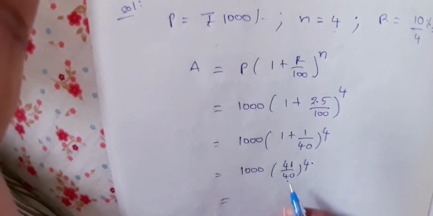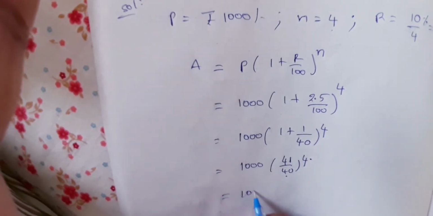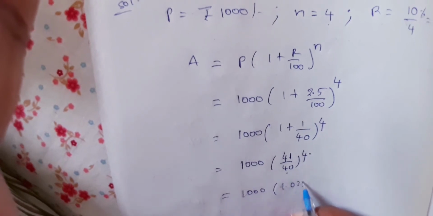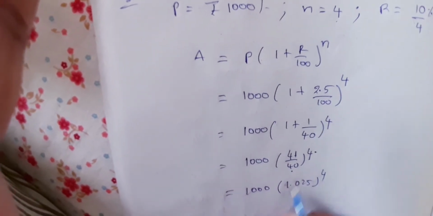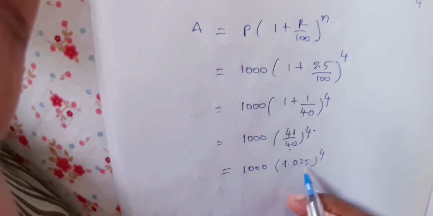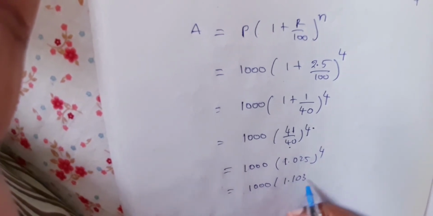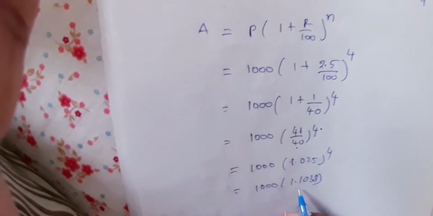But I am going with the 41 by 40 value, that is 1000 into 1.025 whole power 4. That means I am going to multiply 1.025 4 times, and thus I will get the value 1.1038.